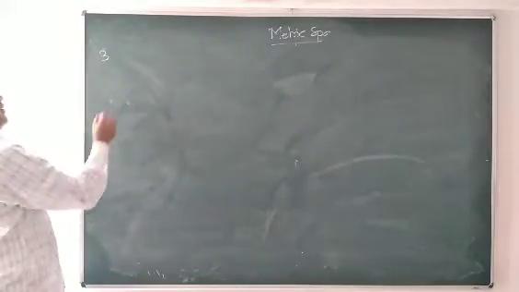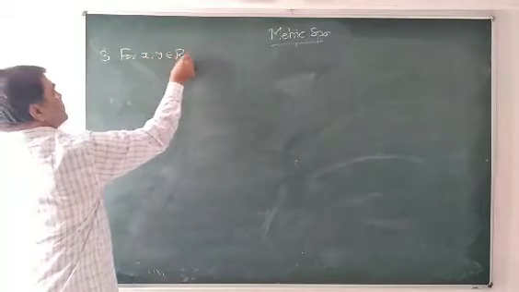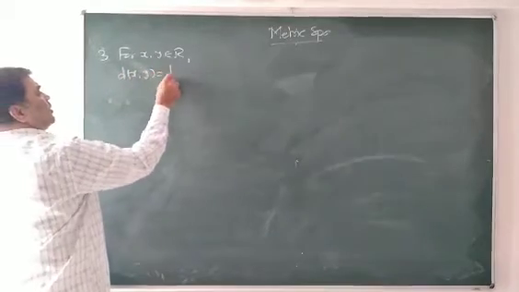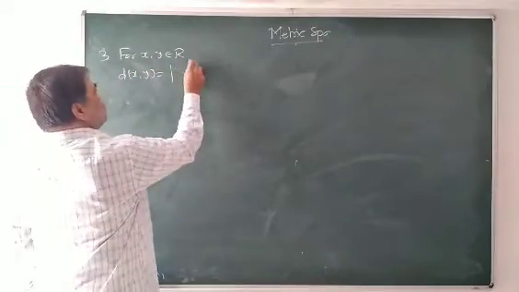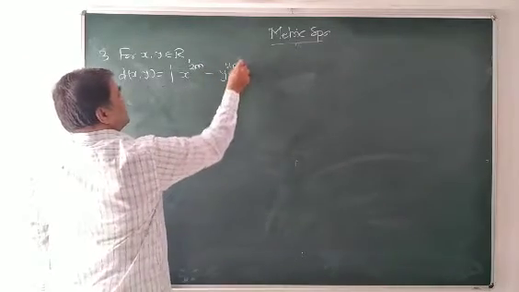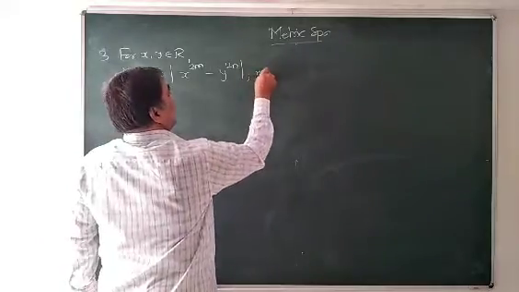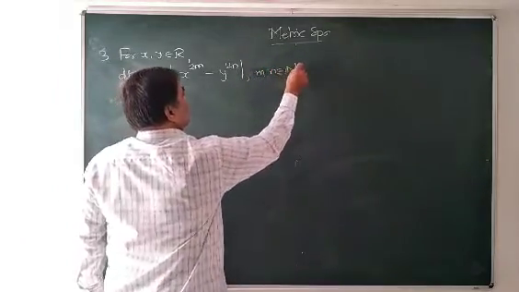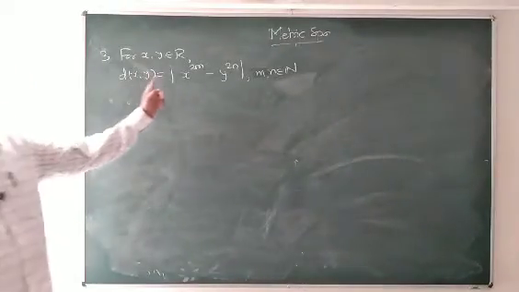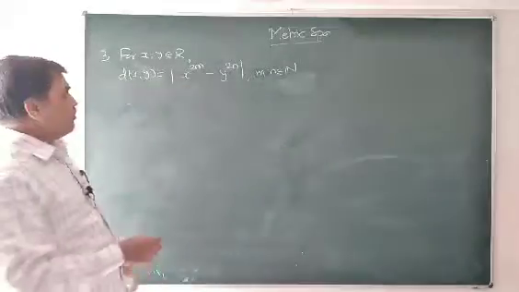Example number 3: for x, y belonging to R, say d of x, y is equal to mod of x raised to 2m minus y raised to 2n, where m, n are natural numbers. As m, n are natural numbers, 2m and 2n are even natural numbers.